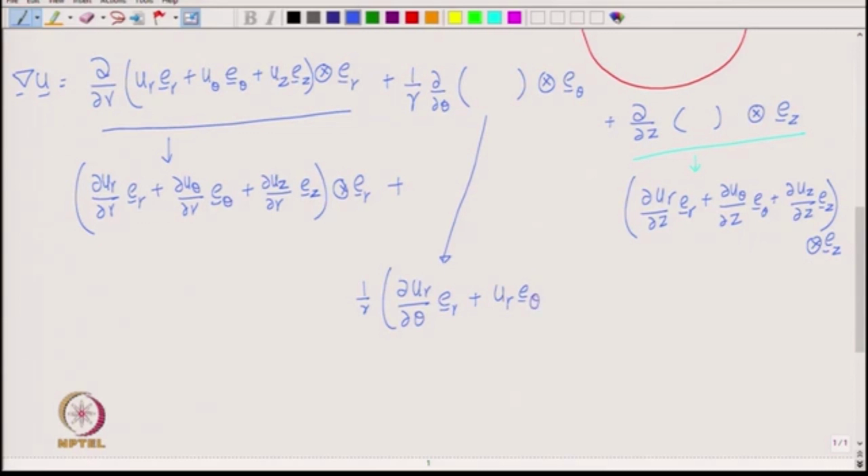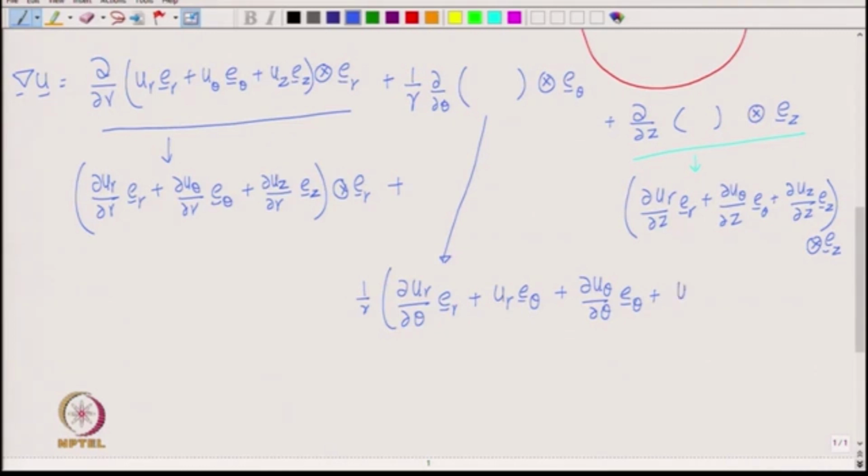So, it gives me two terms, then the second one is u theta E theta. So, that is going to give me del u theta over del theta E theta plus u theta times del E theta by del theta, and that is simply minus of E r, right, pointing towards the origin.